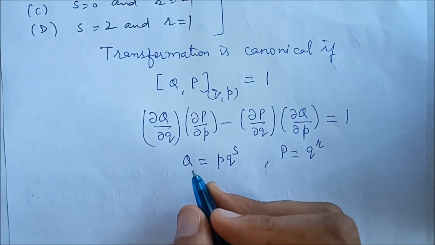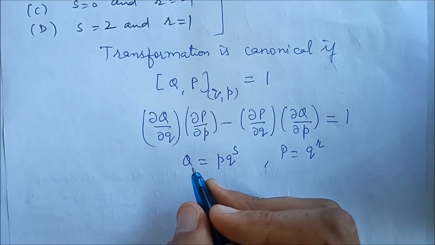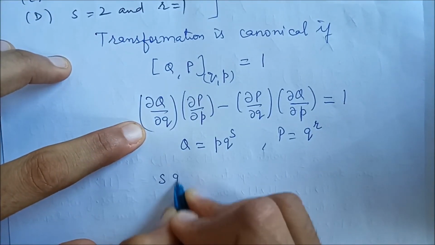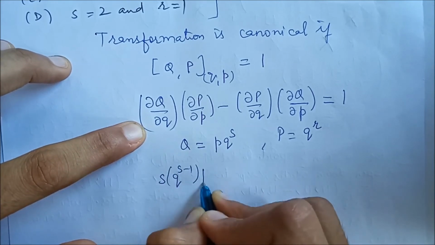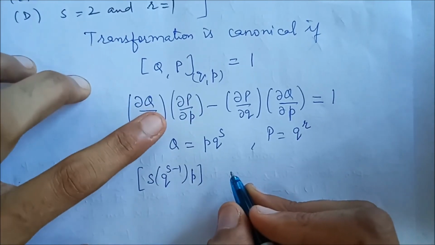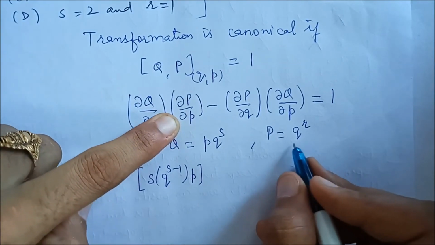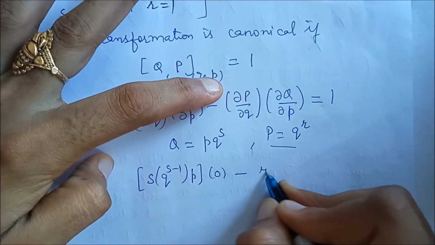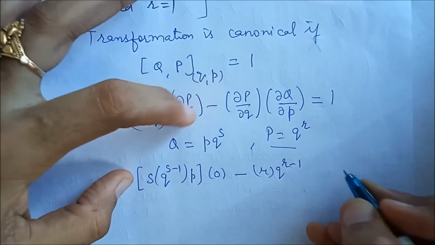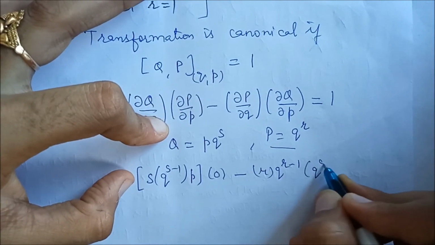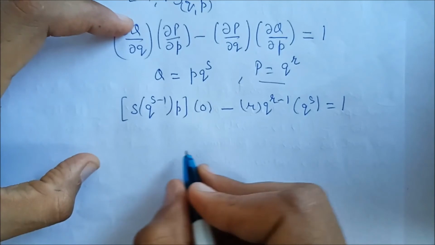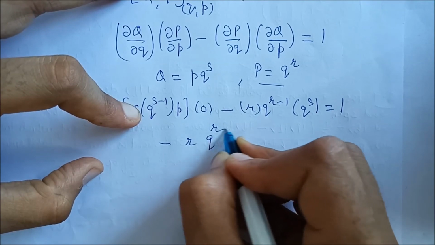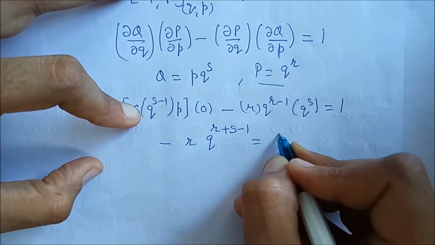So partial Q over partial q is s q to the power s minus 1 into p, and partial P over partial p, there is no p in this expression, so it is 0. Minus partial P over partial q is r q to the power r minus 1, and this is q to the power s, equal to 1. So this term is 0, minus r q to the power r plus s minus 1 is equal to 1.